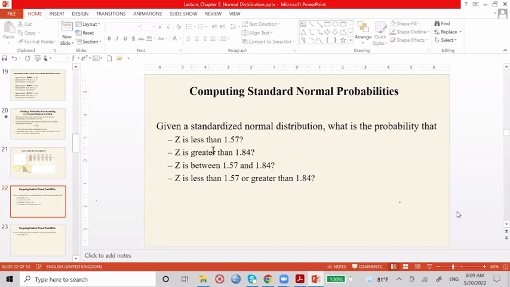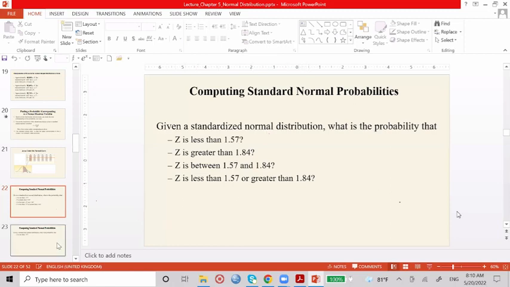All these are in the standard normal, so there is no need to transform. Then Z is less than 1.17, Z is greater than 1.84, Z is between 1.57 and 1.84, and Z is less than 1.57 or greater than 1.84.